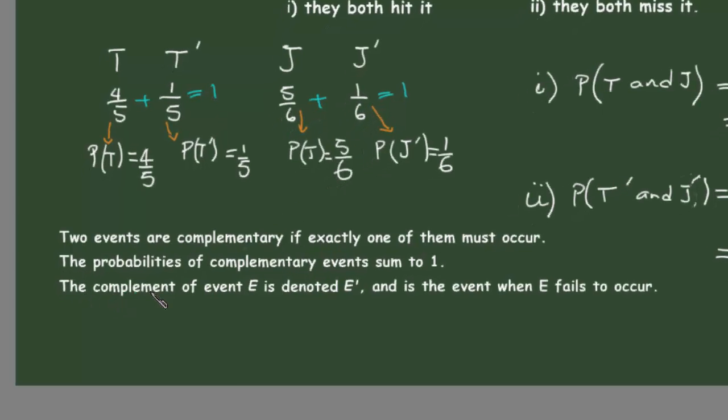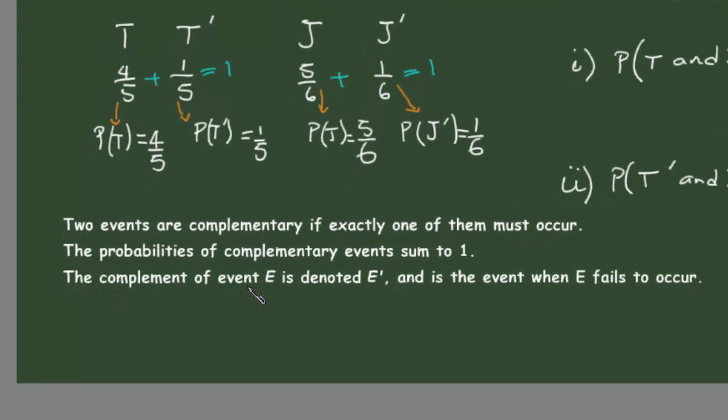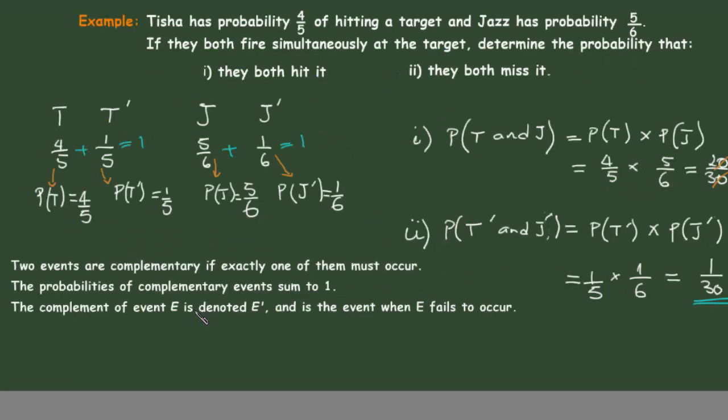And the complement of event E, and in our case we took T, is denoted E prime or T prime. T prime is the event when E fails to occur. It means that if E fails to occur as an event, of course T prime will be the event. We got these 3 important things we need to know about complementary events.